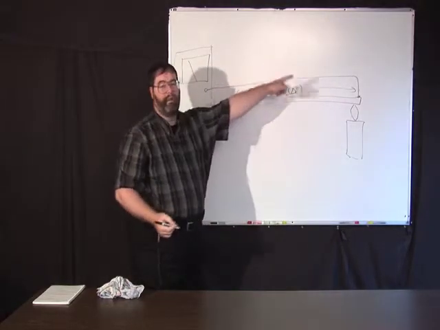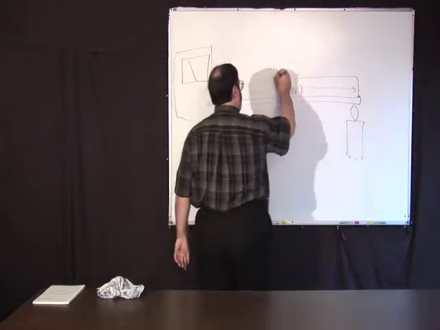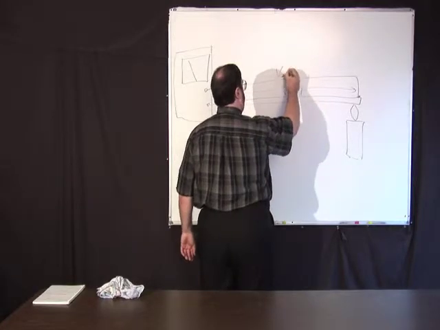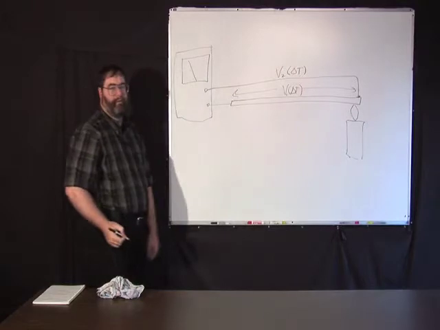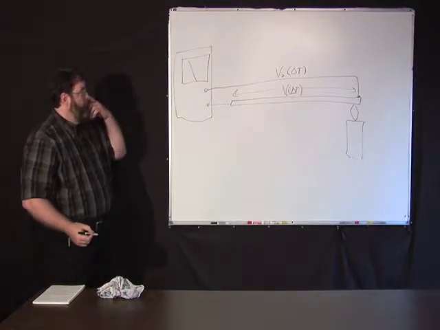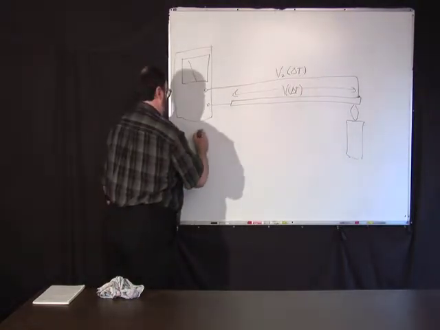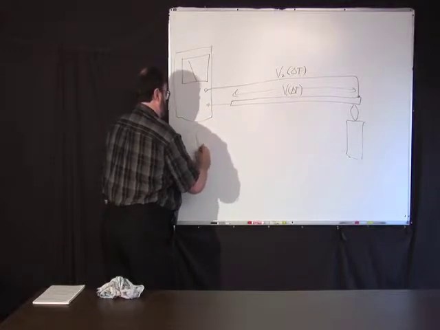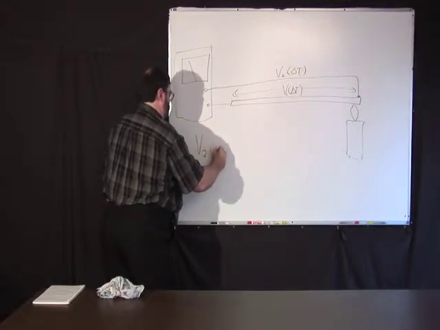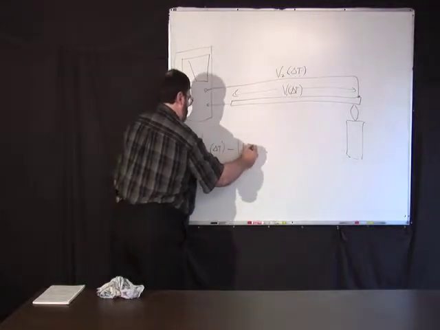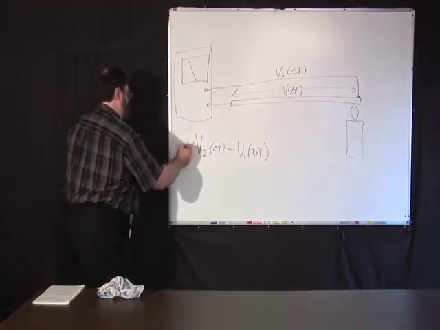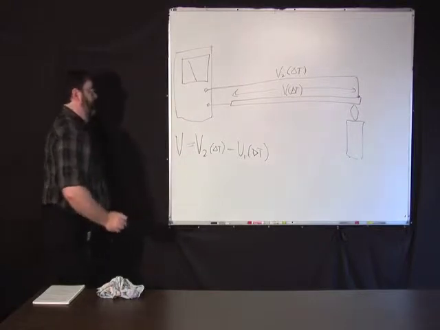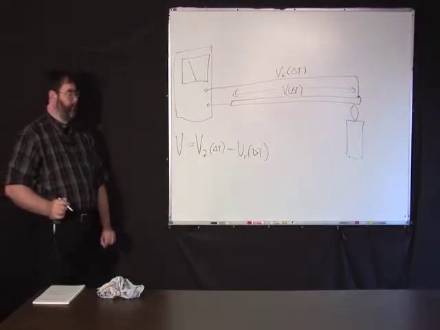If you put a different metal, it's going to have a different voltage as a function of the temperature difference. So what you're going to measure here, basically, is V2 of the temperature minus V1. So what you're going to measure is the difference.